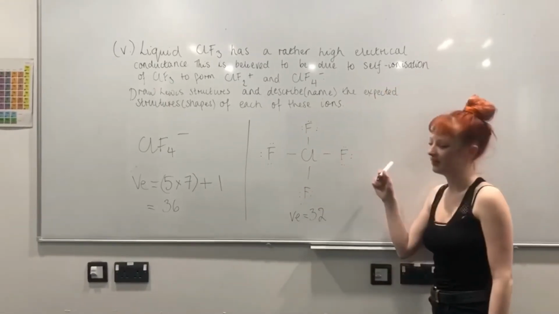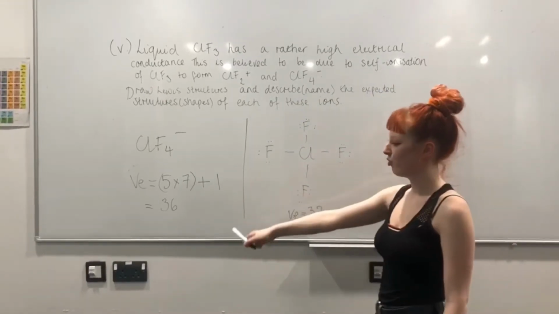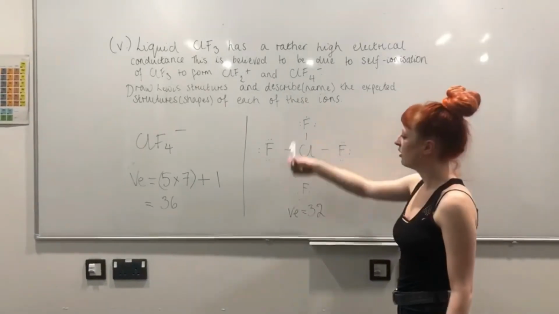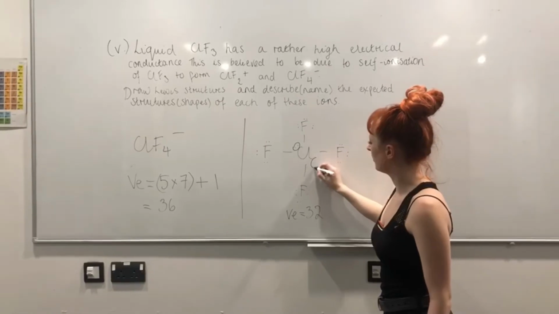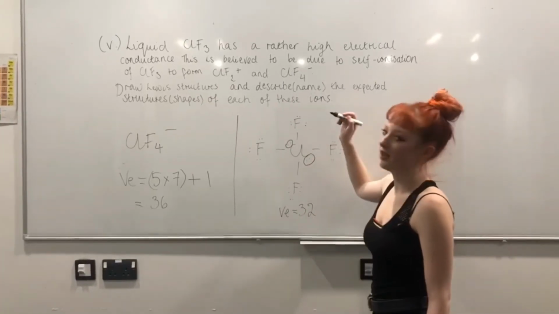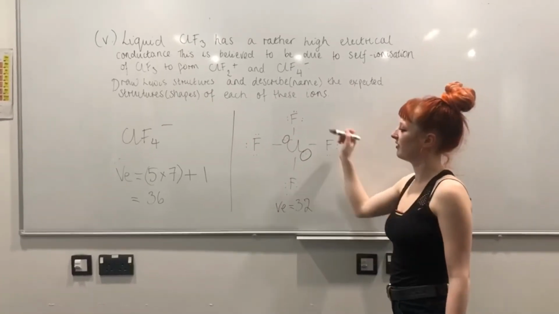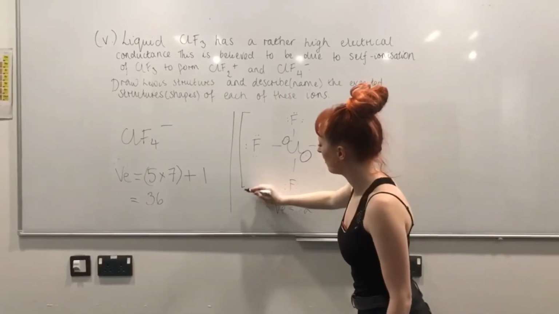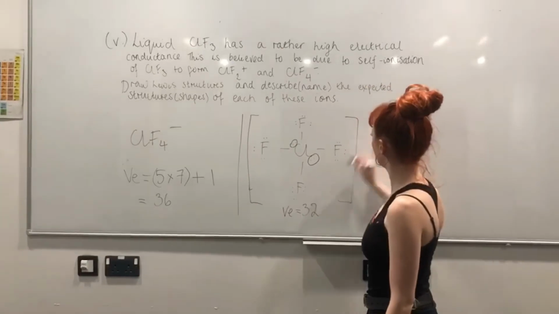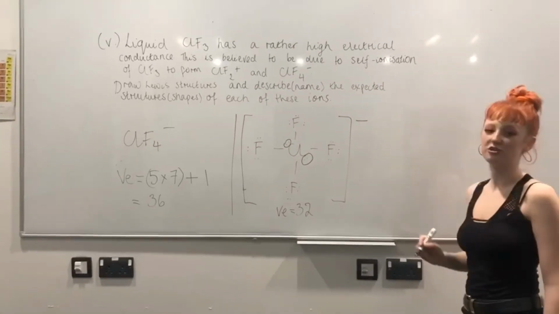You obviously need to add 4 more to get to the right amount, so add 2 lone pairs to the chlorine. And then to finish it off, to make sure you know there's a charge, put it in square brackets with a -1 charge.